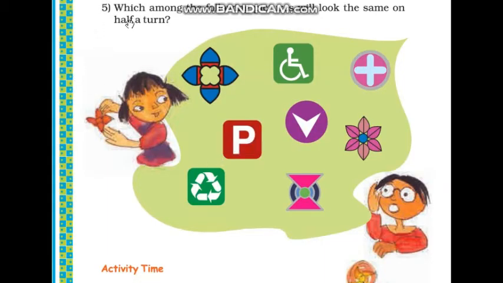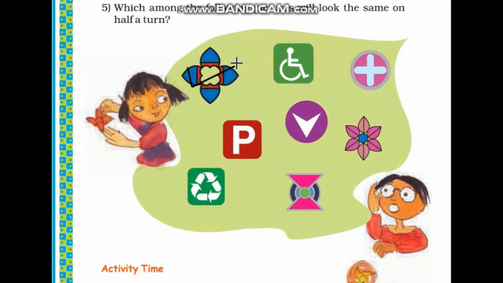Here question number 5. Which among the following pictures will look the same on half a turn? So children, observe this picture and can you answer? First picture. Will it look the same on half a turn? Yes, because all sides are equal.